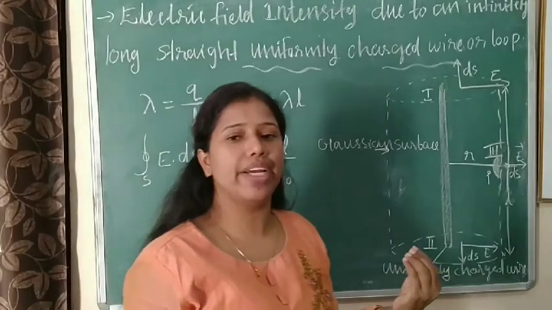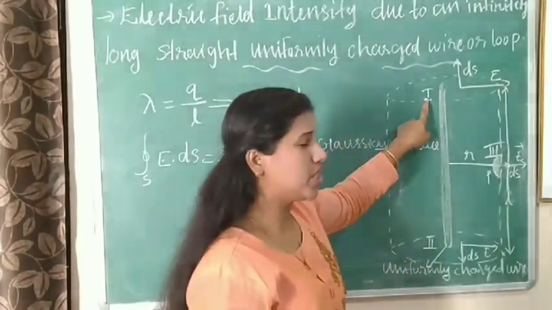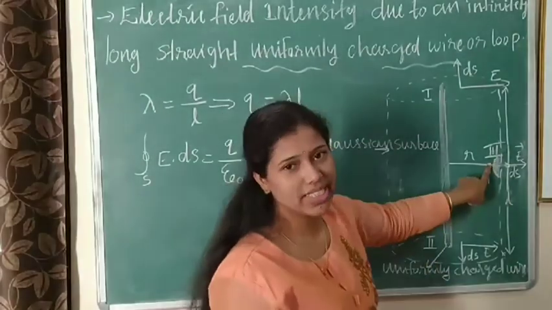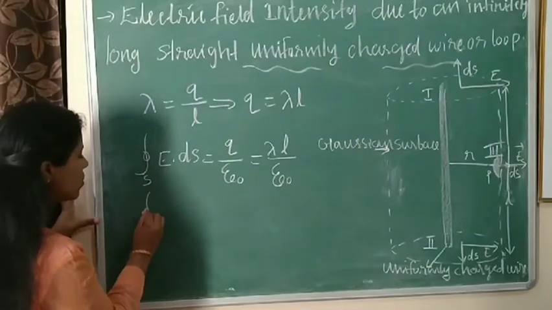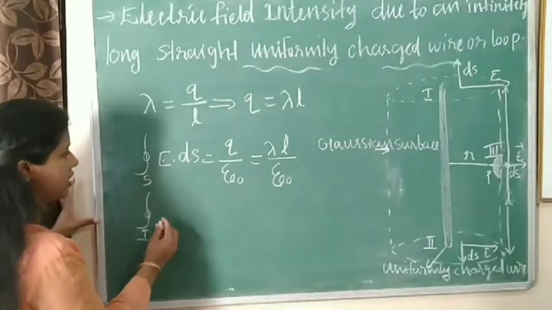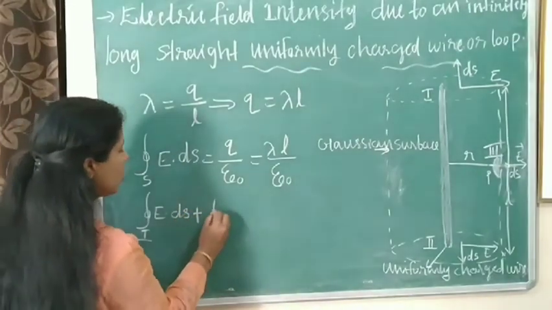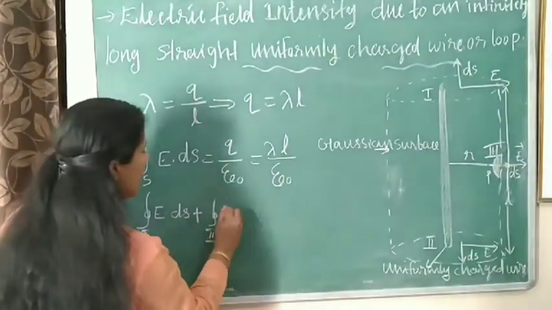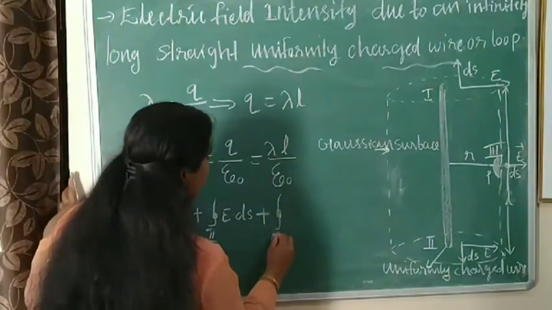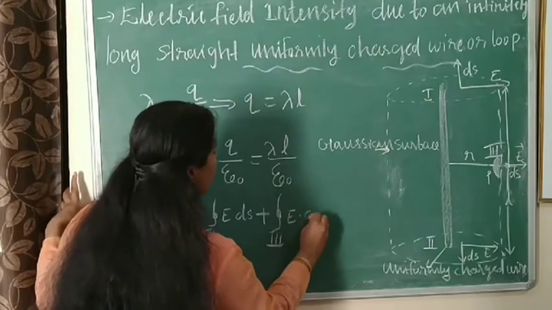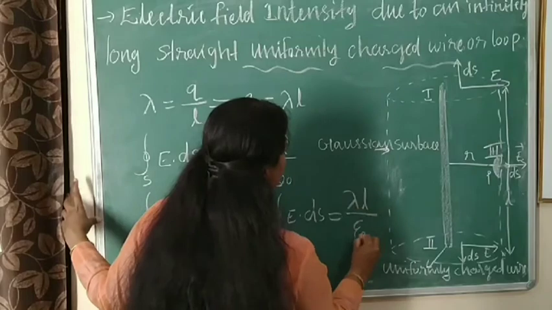This Gaussian surface is divided into three parts: this is the first part, this is the second part, this is the third part. Then we can write the closed integral of the first part E dot ds, plus the closed integral of the second part E dot ds, plus the closed integral of the third part E dot ds, is equal to lambda L divided by epsilon naught.